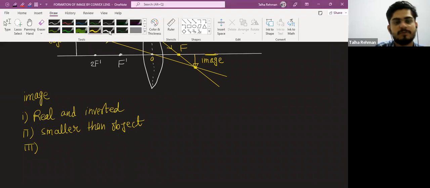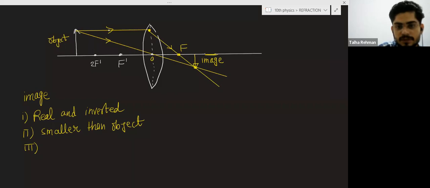When you measure the distance, somewhere here will be 2f. So the image will be between f and 2f.